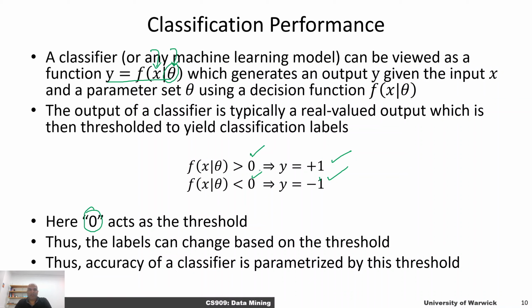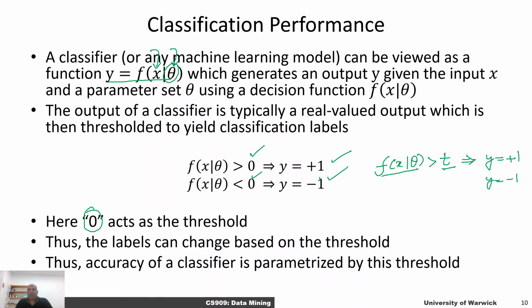Now, the question that I asked was, if I increase this threshold, let's say I express this rule like this: if the threshold is t, and the prediction score is above t, then the prediction is going to be +1, otherwise it's going to be -1.